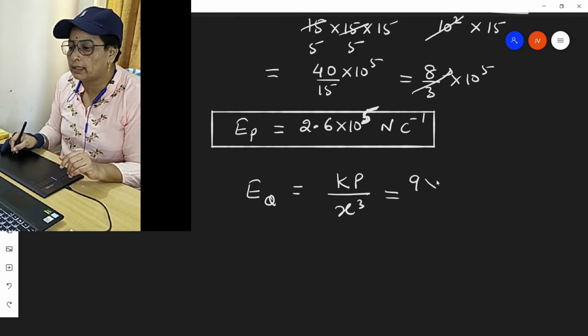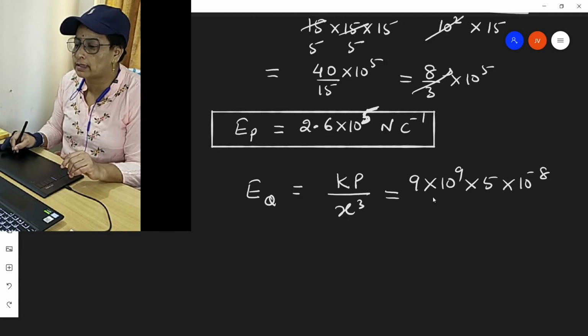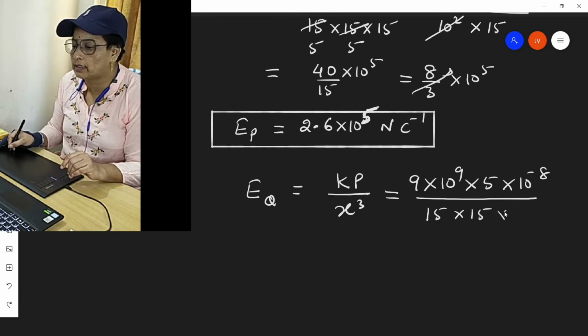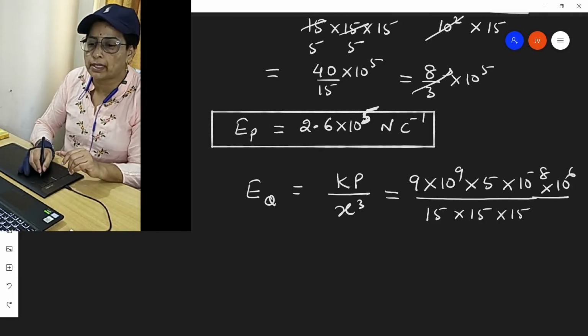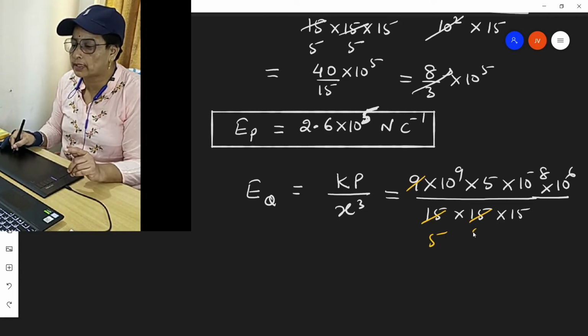So 9 into 10 to the power 9 into 5 into 10 to the power minus 8, by 15 into 15 into 15, and that gives a contribution of 10 to the power 6 in the numerator. So we have some basic cancellations. Here we have 3 3s are 9, 3 5s are 15, one more 3 gives a 5 here.